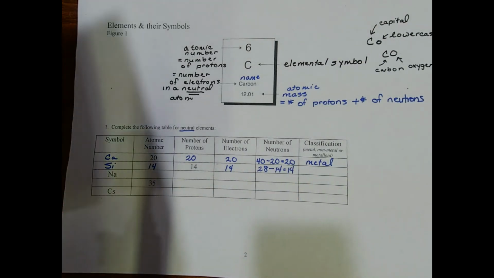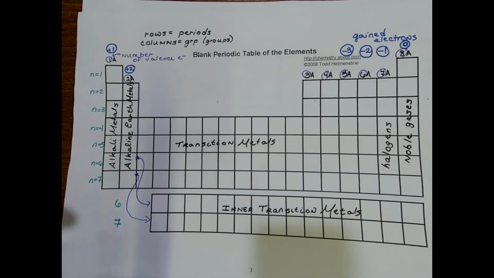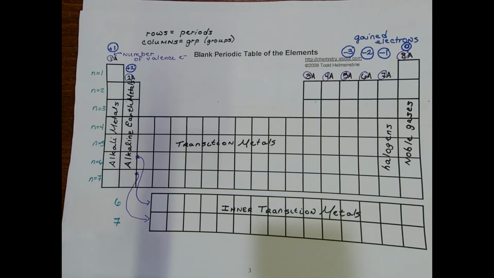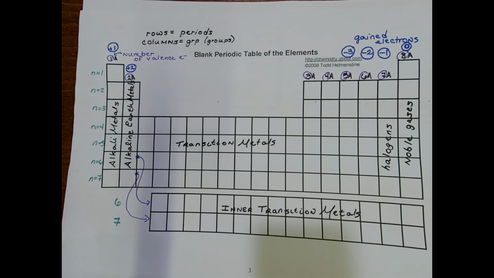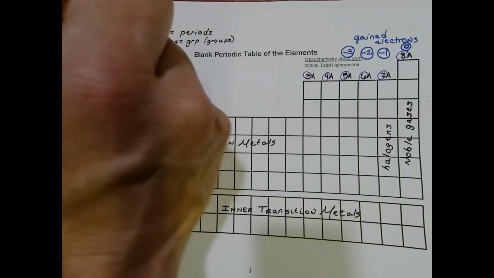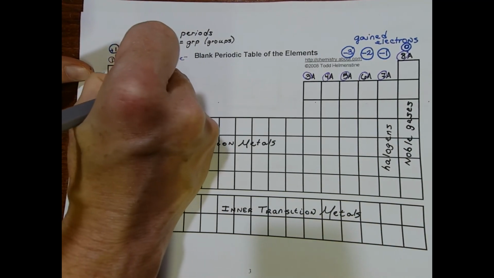So let's go back to our periodic table on page 3 and talk about that a little bit. So obviously, just because of the names here, we've got alkali metals, alkaline earth metals, transition metals. We have a whole bunch of metals on the left-hand side of the periodic table. The other thing about all of the metals, they're losers.